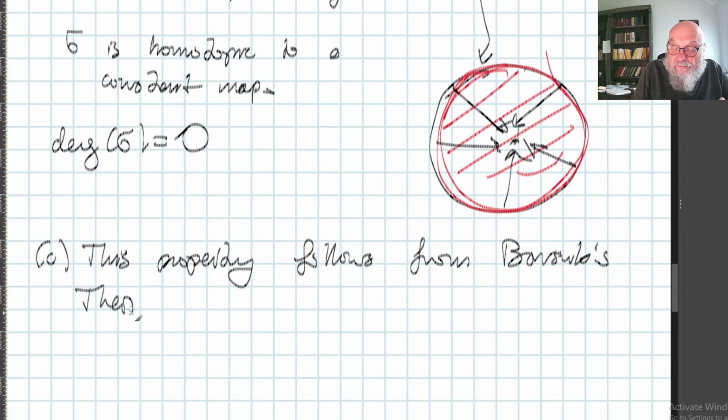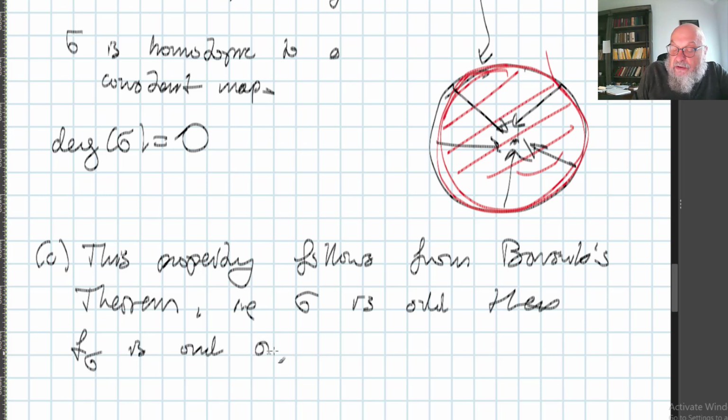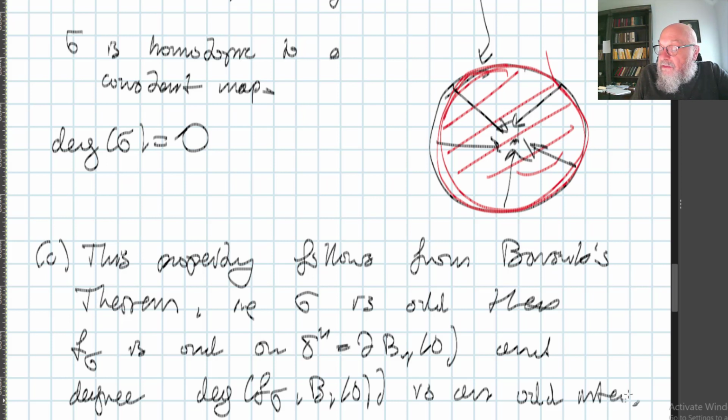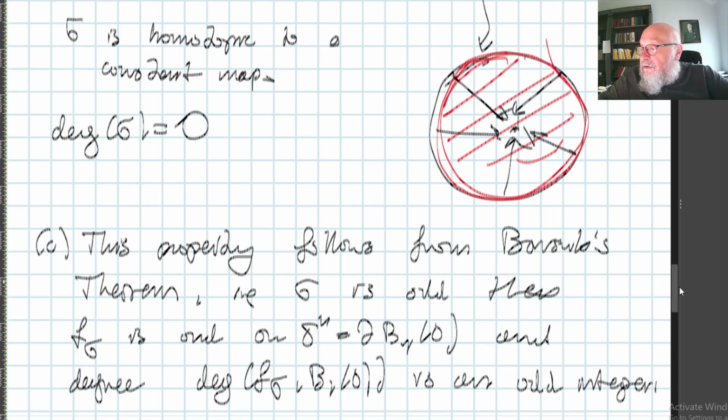That means if sigma is odd, then f sigma is odd on Sn, which is the boundary of B1 0, and the degree of f sigma on B1 0 is an odd integer. So we got it.